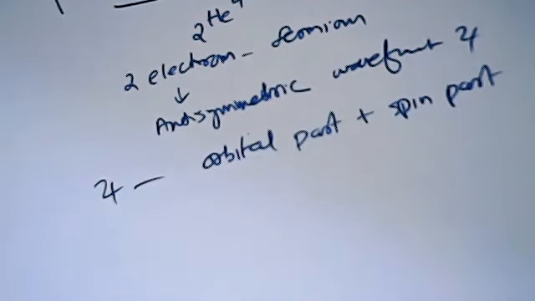Okay. Now we have to check whether the resultant wave function is symmetric or antisymmetric, depending upon the orbital part, symmetric or antisymmetric, and on the spin part. Okay, so that I will continue in the next class.